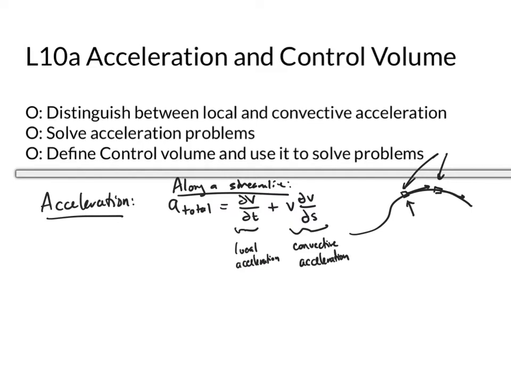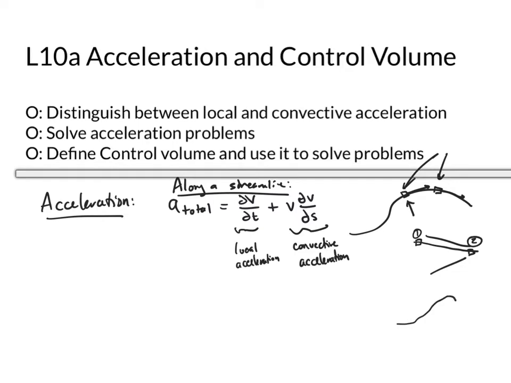This might happen in a nozzle, so you might have a streamline going like this. It might be moving fairly slowly out here, and then as it goes over here, it speeds up. The reason for that is convective acceleration. Even though nothing's changing in time, this fluid parcel is speeding up as it goes from point 1 to point 2.